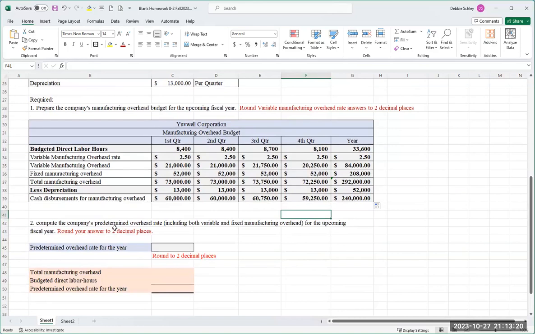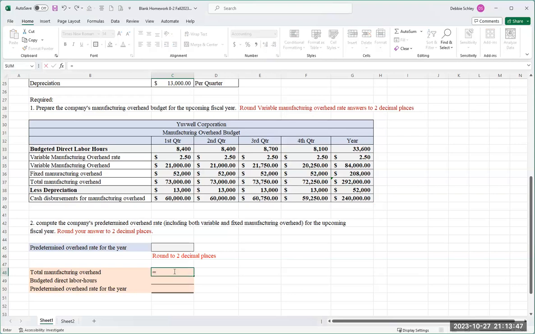Required: compute the company's predetermined overhead rate, including both variable and fixed manufacturing overhead for the upcoming fiscal year. Round your answers to 2 decimal places. Okay, so the total manufacturing overhead, we just figured that out, and we want to pull that number from the year column.